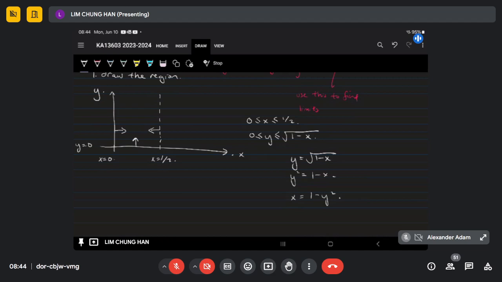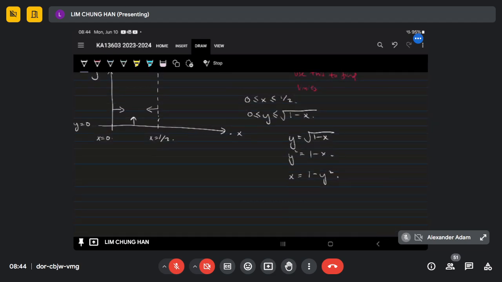If you don't know, you plot. If you cannot guess, then you plot. You plot x and then you get y. Try x as 0, then you get a number. Then half, you get a number. Then 1, you get a number. Then maybe negative half, you get another number. But I can tell you.